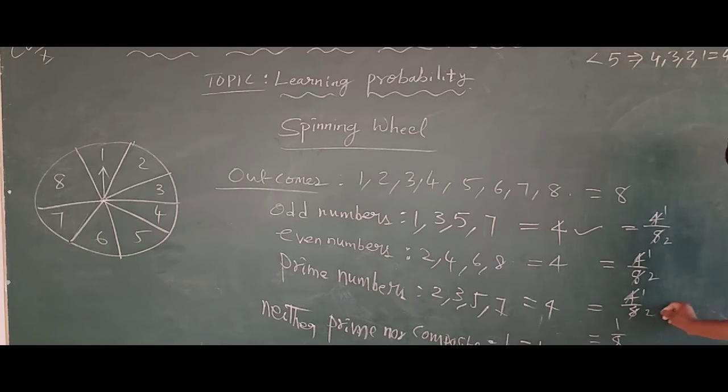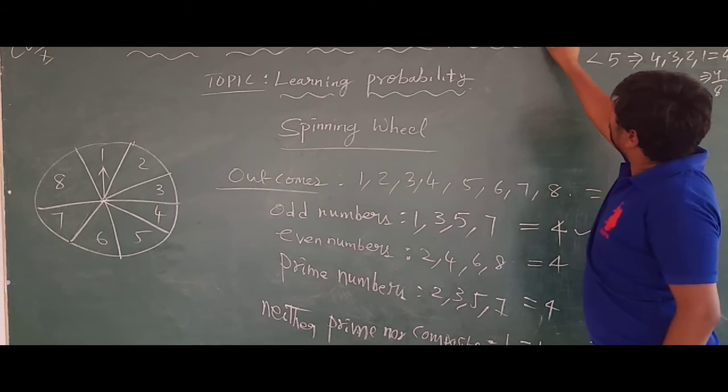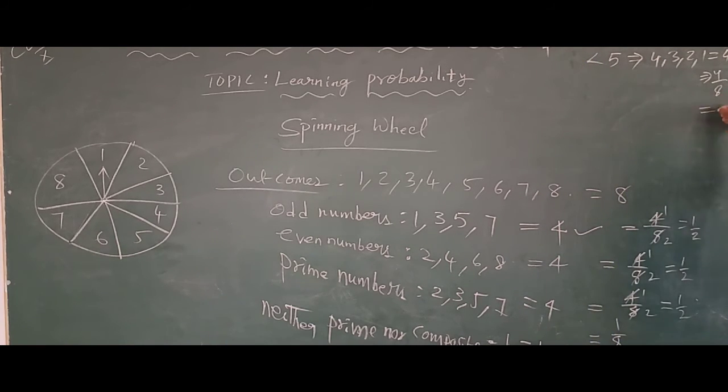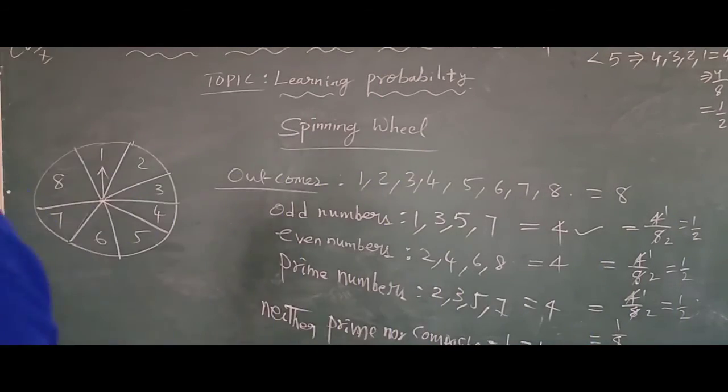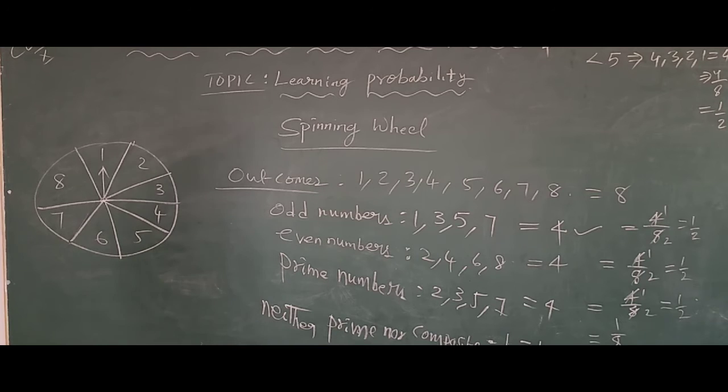Simplification is possible. For 2 upon 8, that means 1 upon 4, and for 4 upon 8, it is 1 upon 2. So this is about the properties of the spinning wheel, the concept and how they will ask questions in your examination.